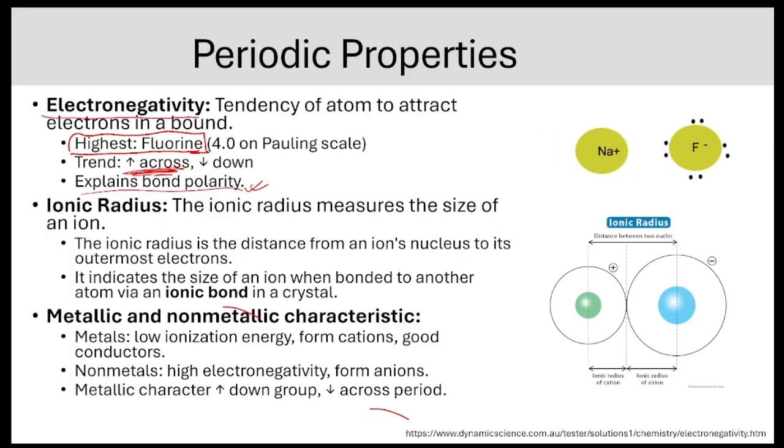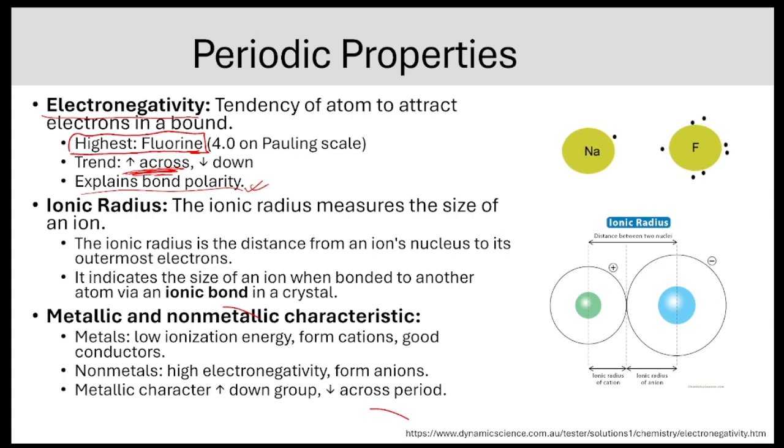The next periodic property is ionic radius. Ionic radius is the size of an ion. The atomic radius was the distance between the nuclei of two atoms, and the ionic radius is the distance between two nuclei of ions rather than atoms.